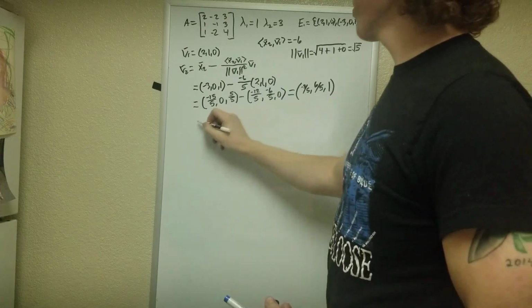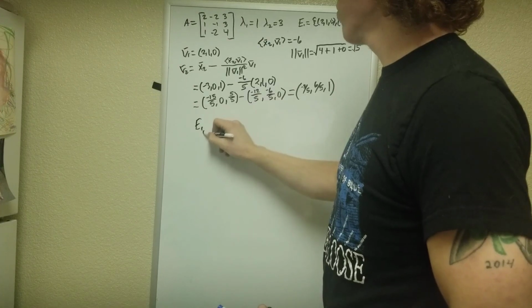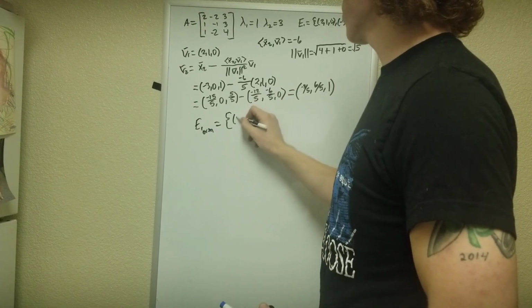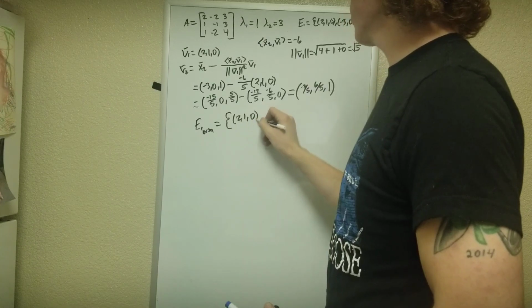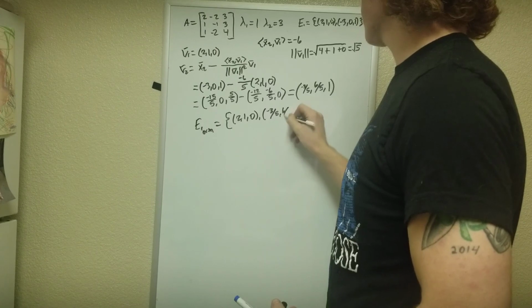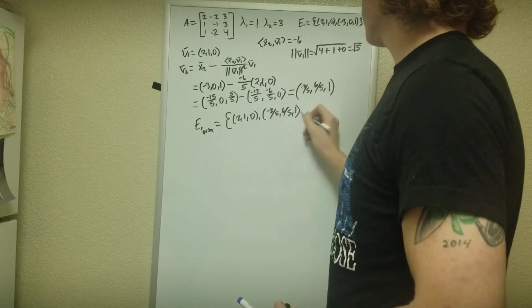So the orthogonal basis for E1 is equal to (2, 1, 0) and (negative 3 over 5, 6 over 5, and 1).